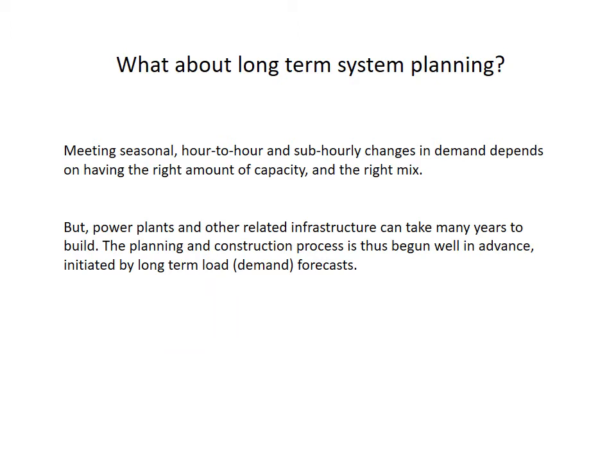So what's left here? We're talking about everything that happens within a year. But there is another significant challenge that utilities face in ensuring system reliability, and that is trying to figure out how much capacity, how much generation they're going to need on a day-to-day or even seasonal basis.